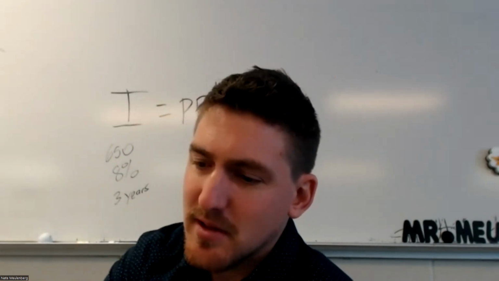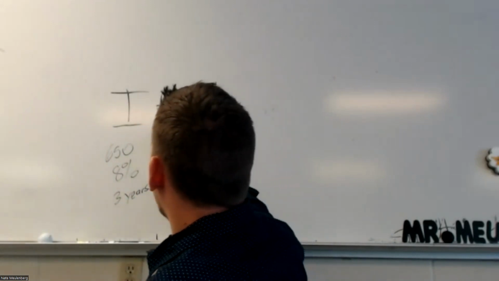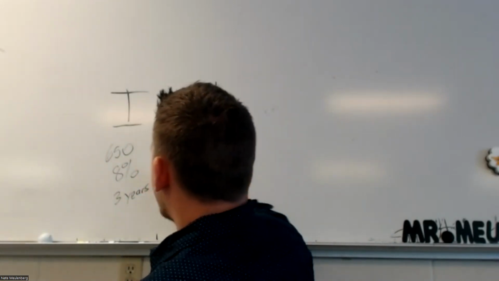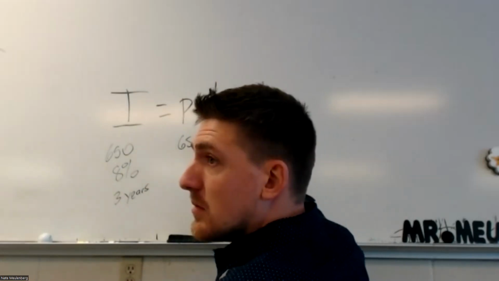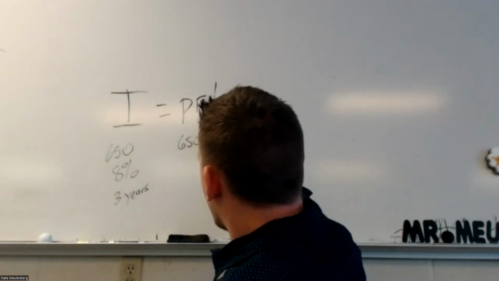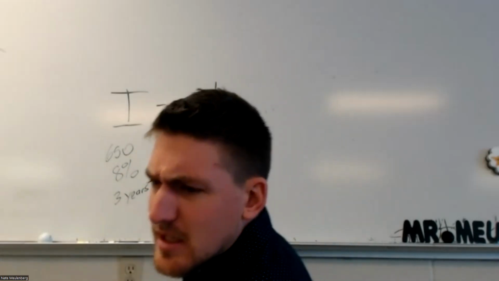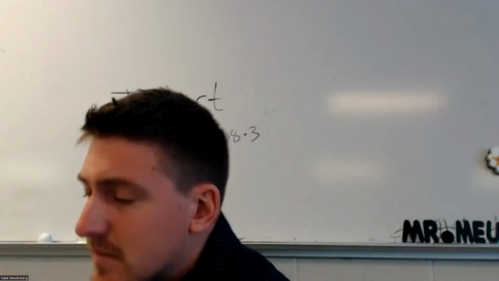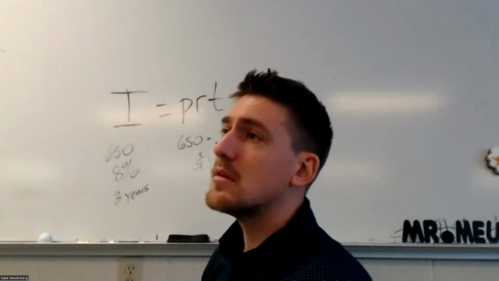Let me check my answer key. It is 156. You do 650 times, what's the percent? How do you write 8% as a decimal? 0.08 times 3. And when you do that, you get 156. So that means they made $156 over 3 years.